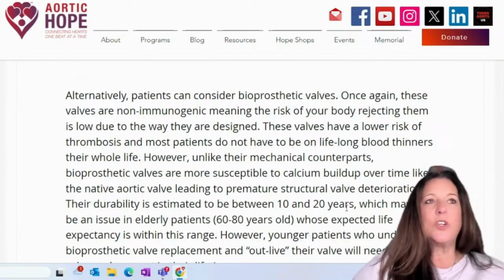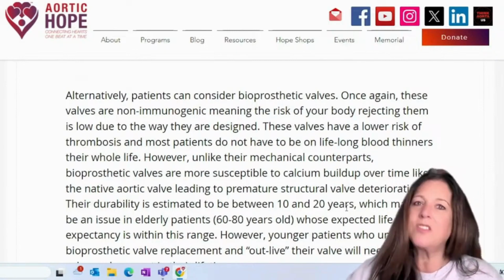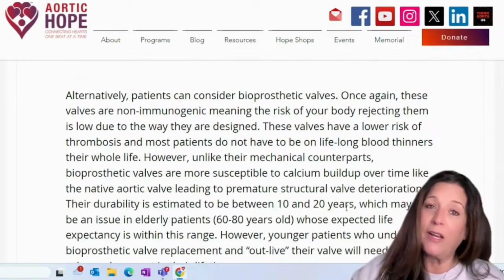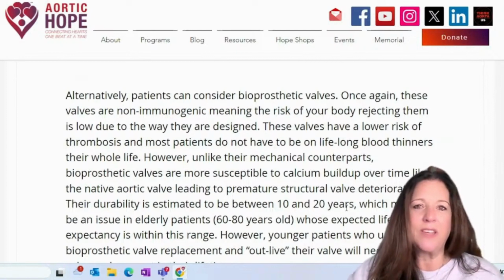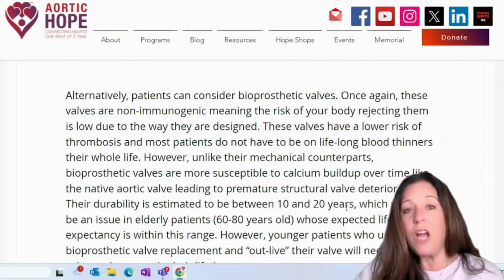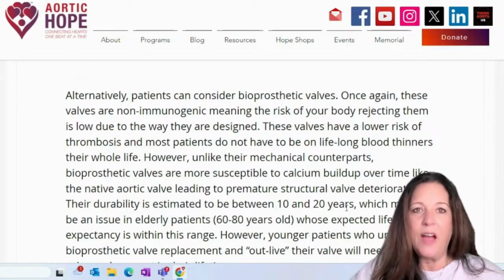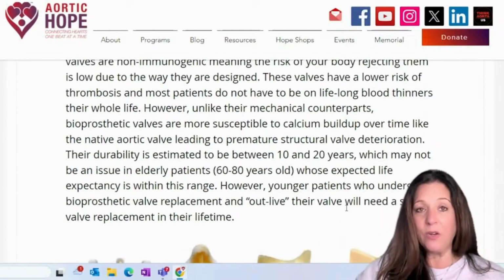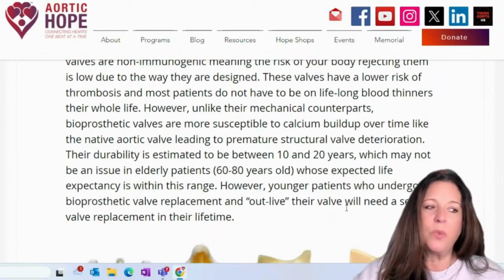So this may or may not be an issue when it comes to elderly patients. That's the 60 to 80-year-old group, sorry, whose expected life expectancy is within that range. However, younger patients who undergo bioprosthetic valve replacement and outlive their valve might need a second valve replacement within their lifetime.